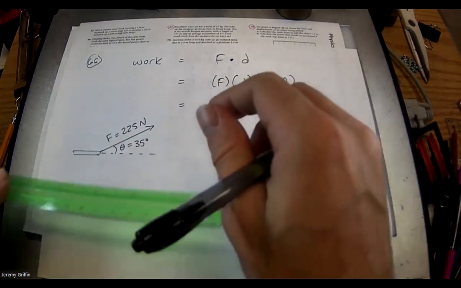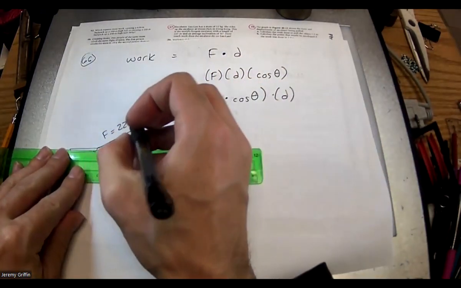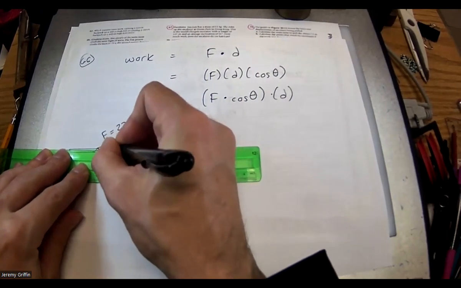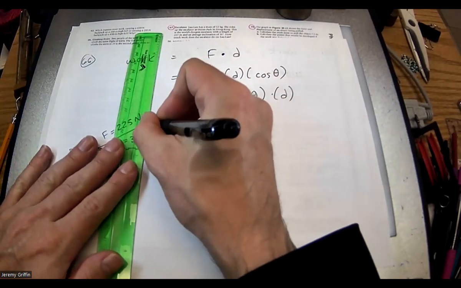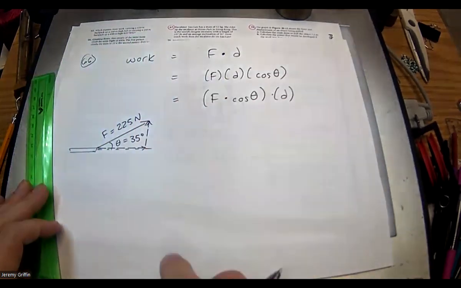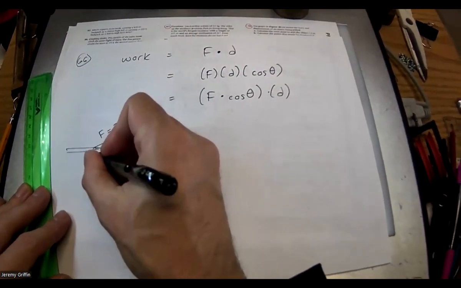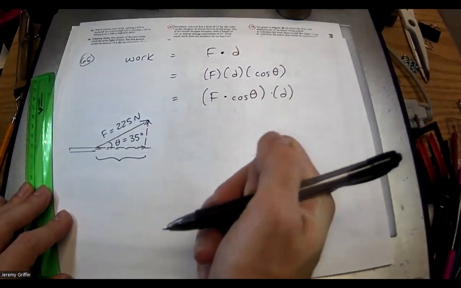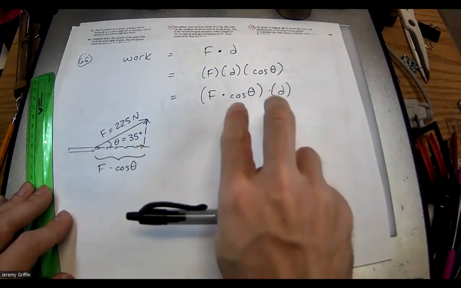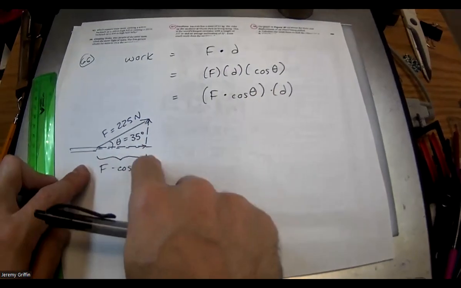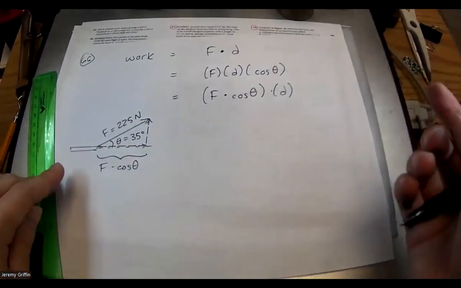So you guys see if you take that 225 newton force and split it into components, that force is partially pulling the sled forward and partially pulling the sled up. And we only care about the forward part. Right? That's the only part that's actually doing anything. And isn't that F cosine theta? That's why I moved the F cosine theta together, because that is the component of the force that's actually moving the sled.